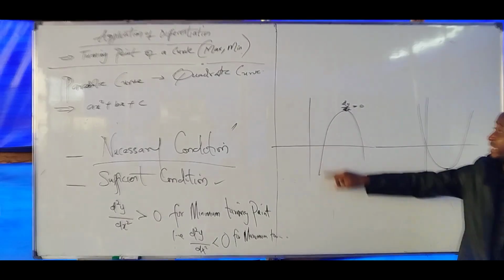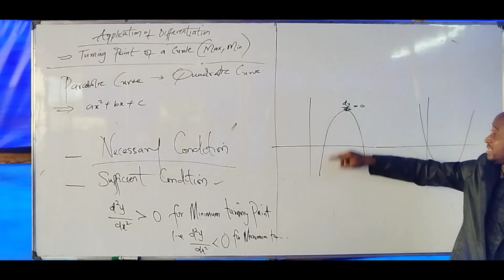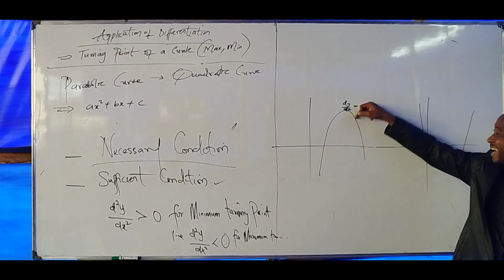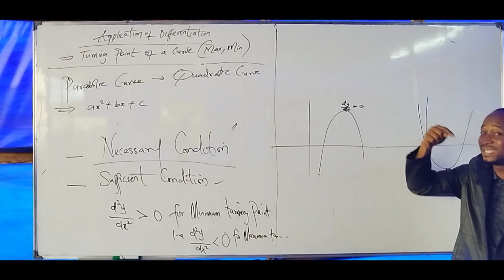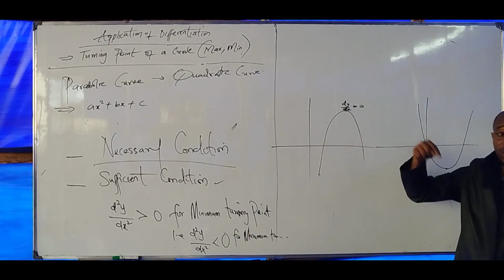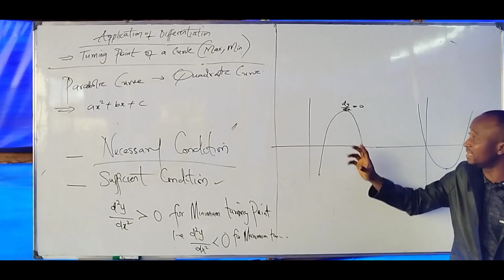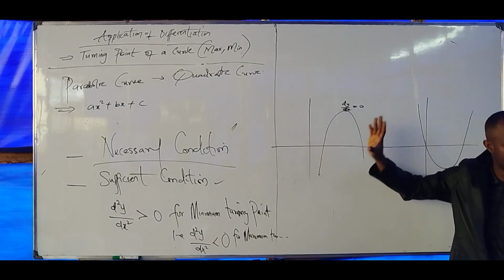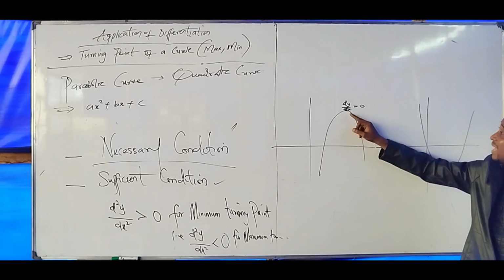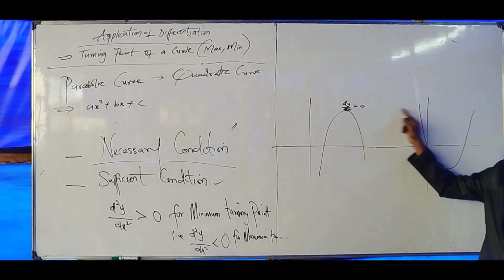At the maximum point here, there's a turning point. At this point, the graph changes direction. That point where the graph changes direction is called the turning point. Along every part of this curve, we can define our slope. But at this point here, your slope is horizontal.